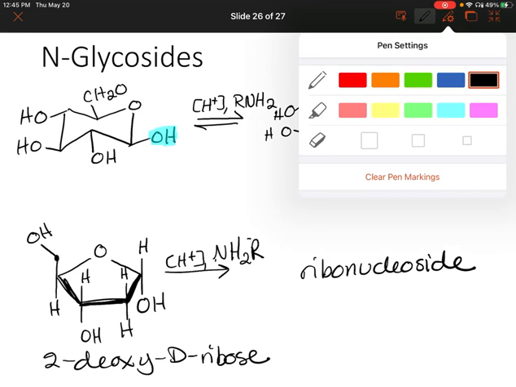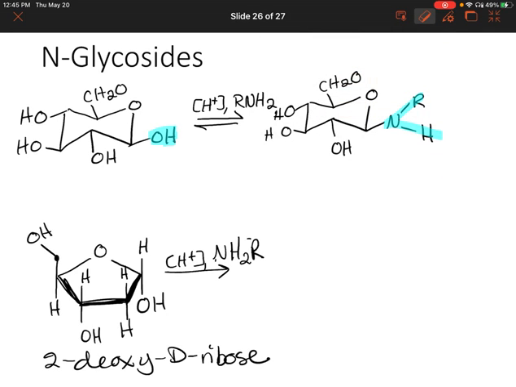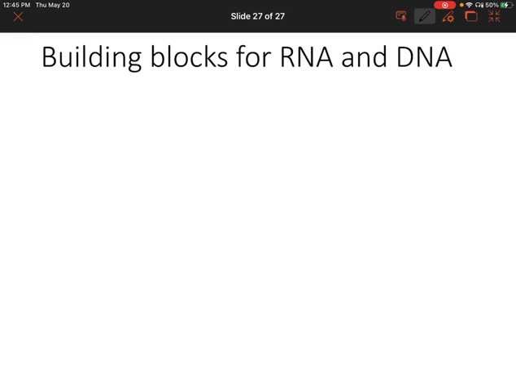And if we react that with the acid and that primary amine, or a nitrogen-containing compound, we can then turn that into deoxyribonucleoside. And there are multiple deoxyribonucleosides, and if you've taken biochem, you probably already know what those are. So let's just kind of talk about those building blocks.